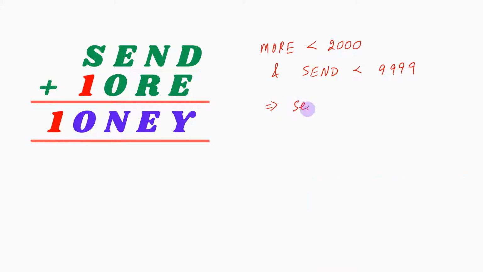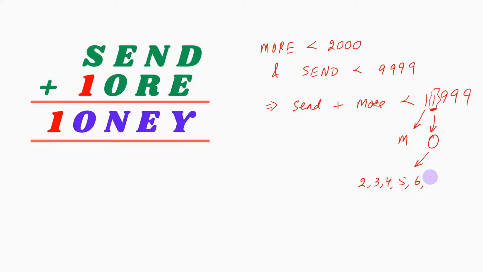Therefore, SEND plus MORE is less than 11999, and hence this alphabet O, in the place after M, cannot be 2, 3, 4, 5, 6, 7, 8, or 9.